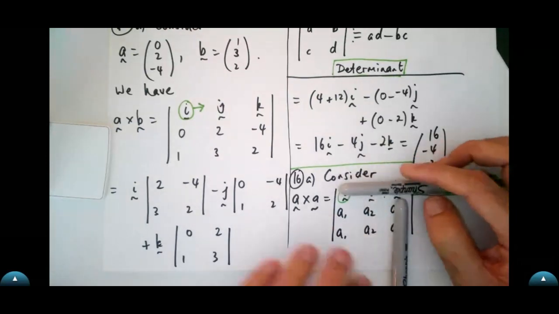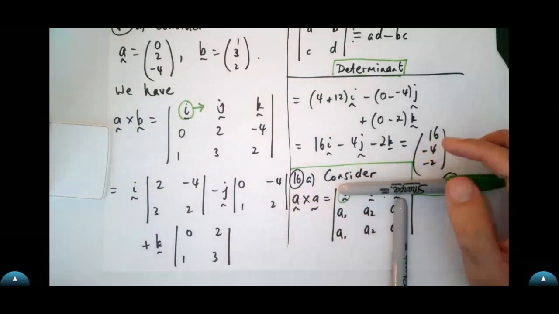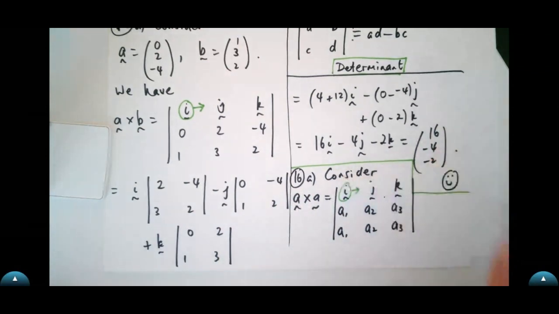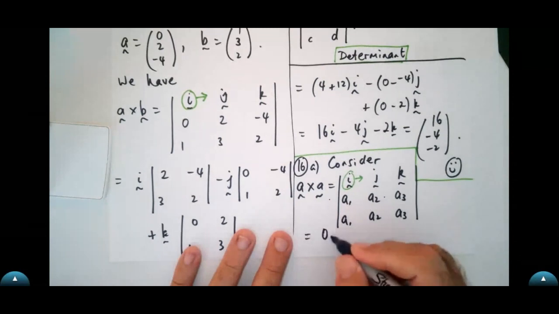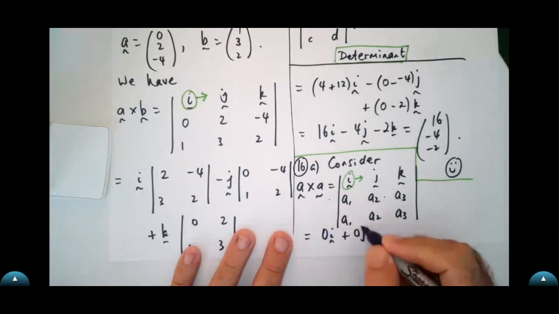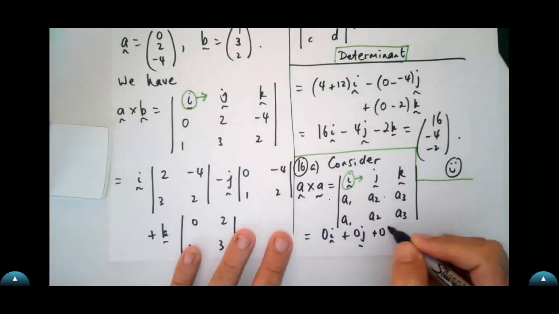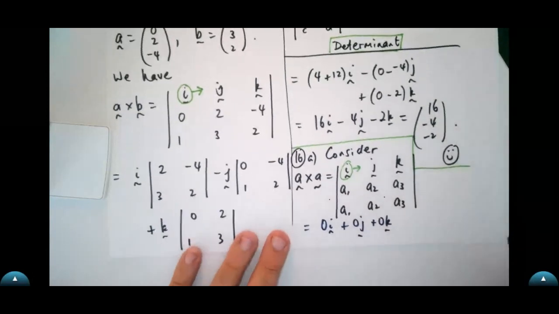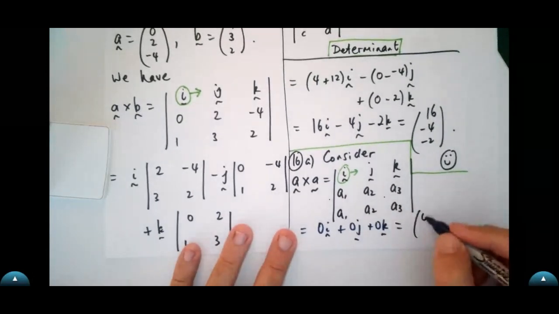And then K, that times that minus that times that. 0. So you're going to get 0I plus 0J plus 0K. So this is just the 0 vector.